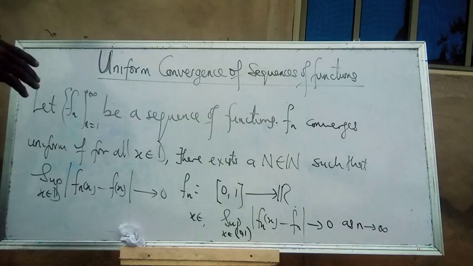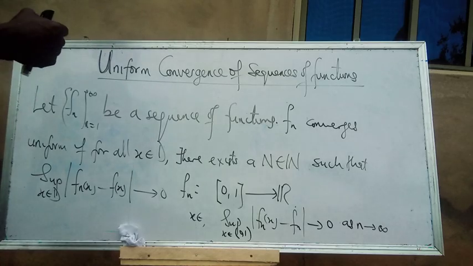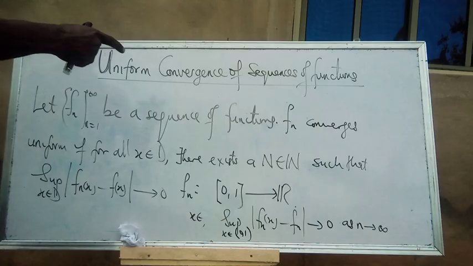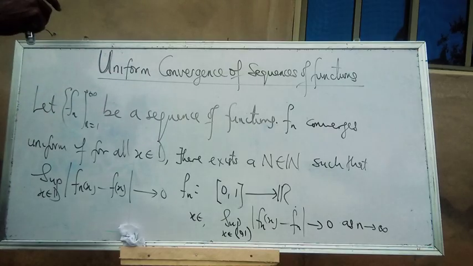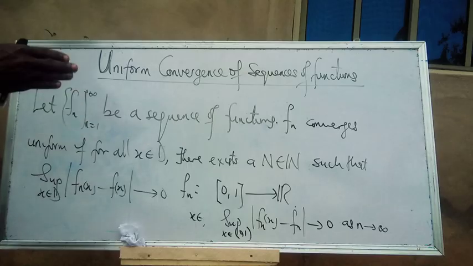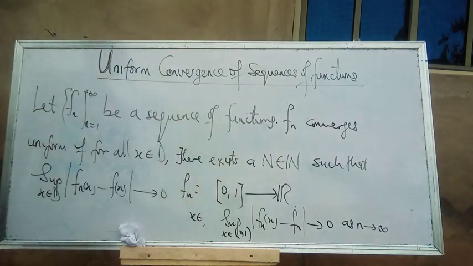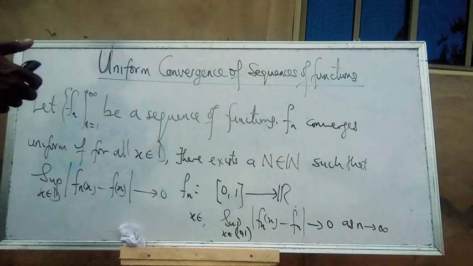But in the case of uniform convergence, from the word uniform, if you pick a point x in the domain, the convergence is uniform. It does not depend on x. Whether x is x1, x2, whatever, they are all going to converge at the same rate. That is what I mean by uniform convergence of a sequence of functions.